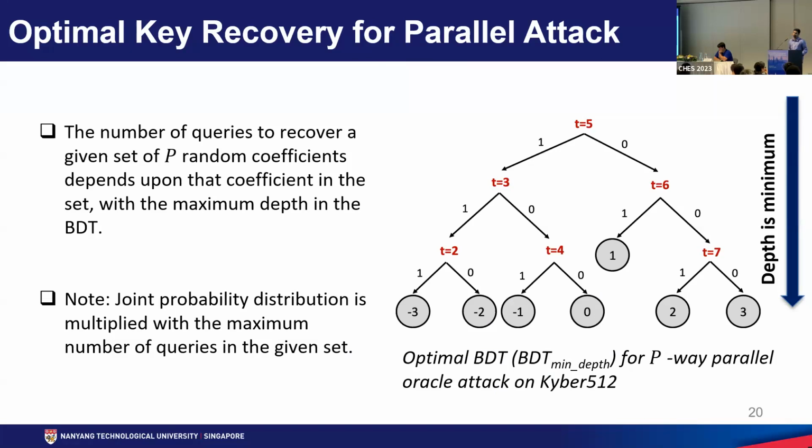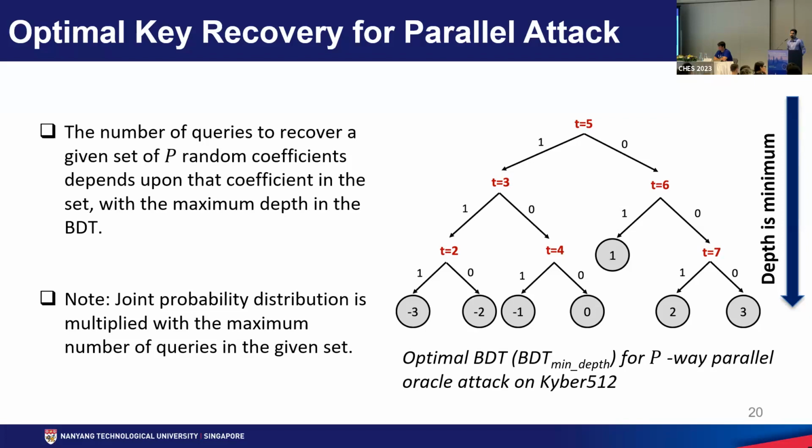The key observation that we made is that in the binary PC Oracle attack, we exploited the centered binomial distribution to construct the binary decision tree. But when we go for the parallel PC Oracle attack, we observe that this property is not significant anymore. The main reason why the number of queries got reduced based on the CBD is that the coefficients -3 and -2 appear less frequently in the secret coefficient polynomial.